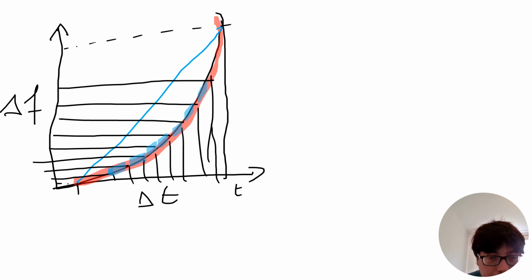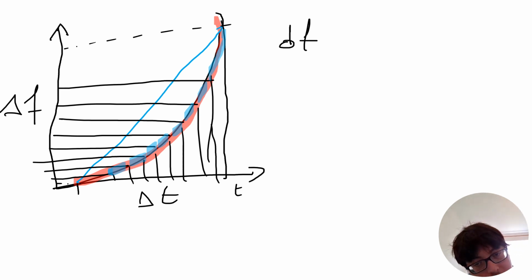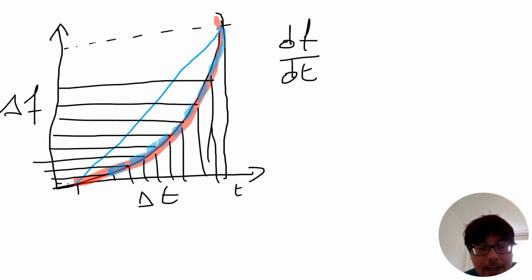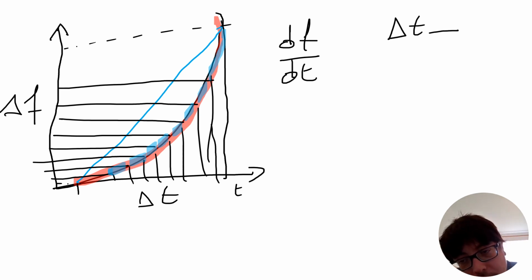They can be represented as a straight line because in each step we are doing small df and small dt, because the increment delta t is now very small.